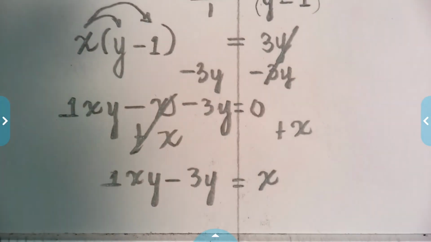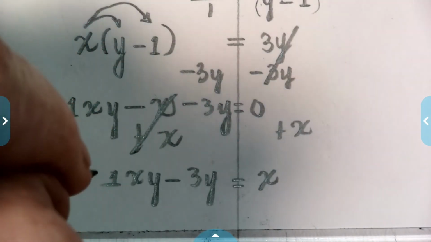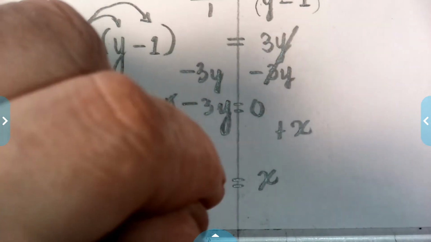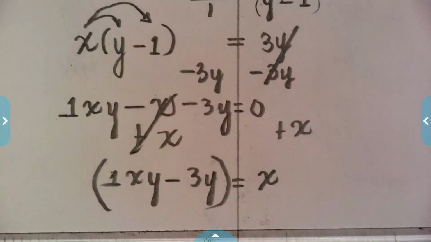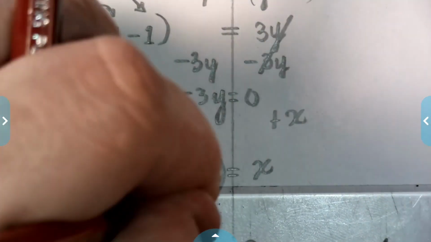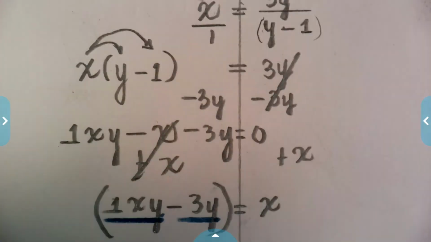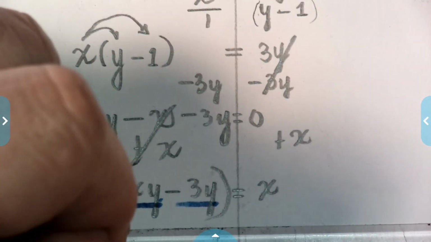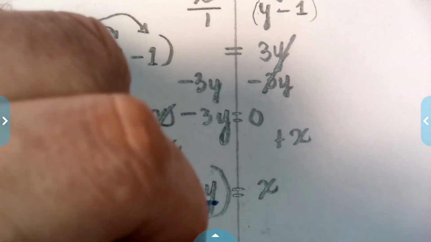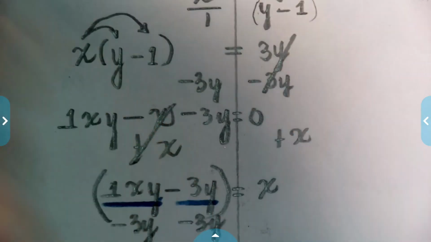And you say, how do you do that? Yeah. So here's how you do it. You just do it. You know, you're the commander, so you can do whatever you want. So we're going to pull out a negative 3y.